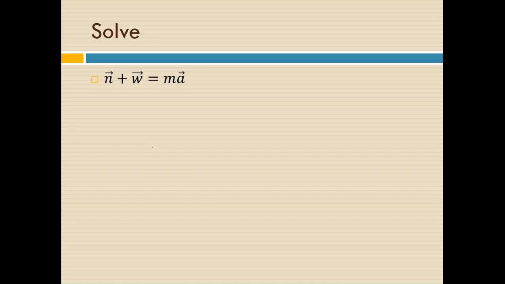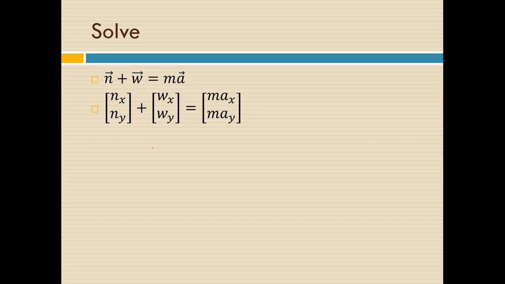The vector sum, n plus w equals ma. Okay, that's my vector equation. The next step is to write my component equation: nx, ny plus wx, wy equals max, may. Okay, all good. Now we need to replace each of those with the components.